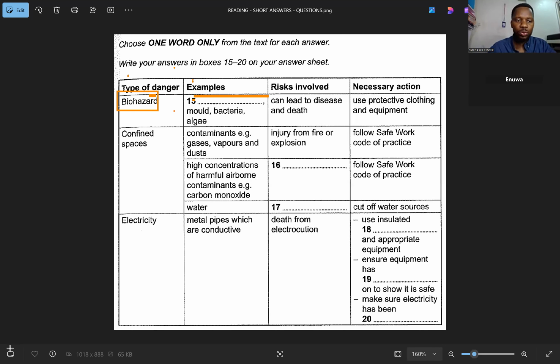And that would help you to easily get your answer. For instance, here you have biohazards, which falls under type of danger. Please don't forget this.